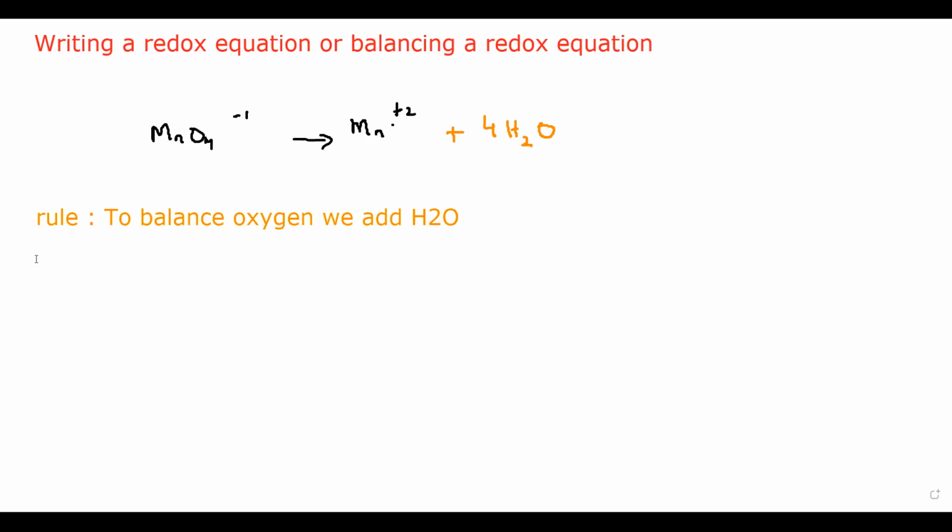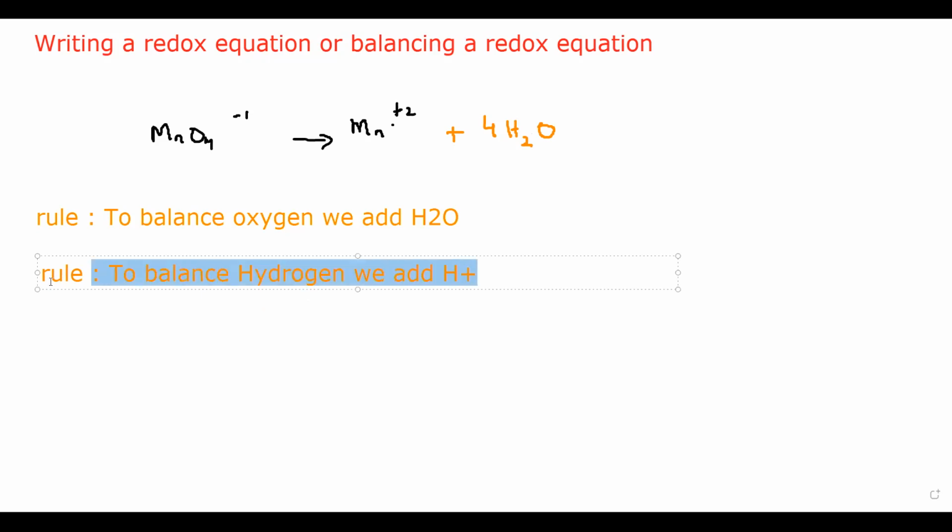The second rule: to balance hydrogen, we add protons or H plus. How many hydrogen are there?